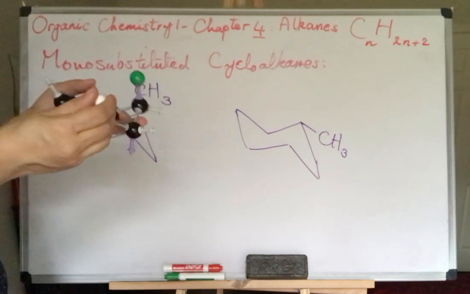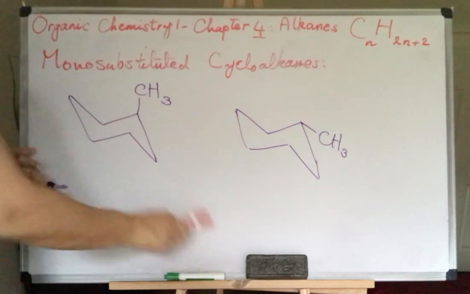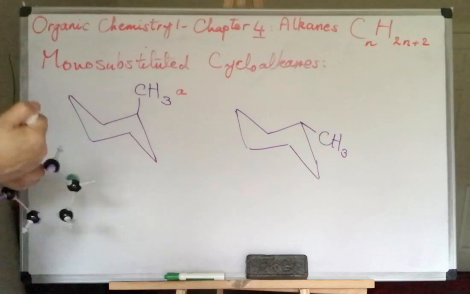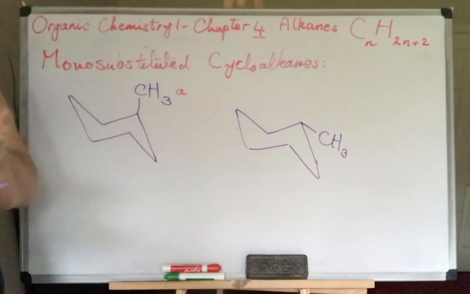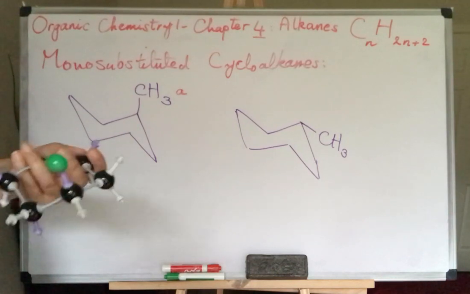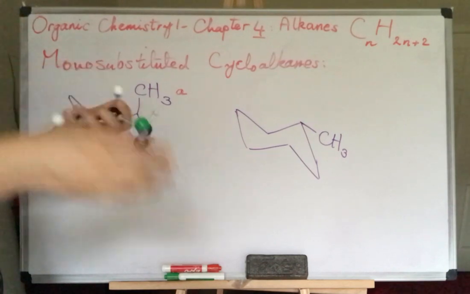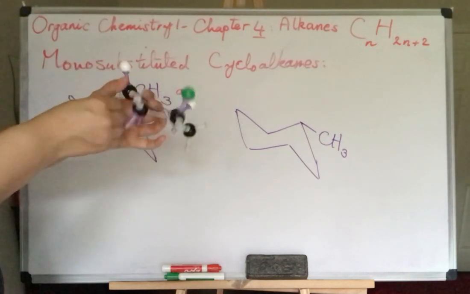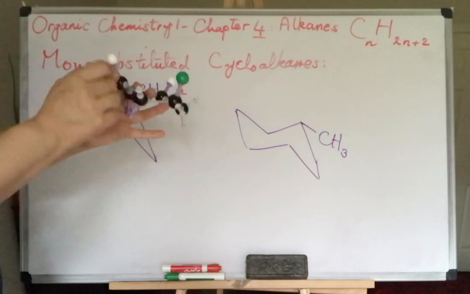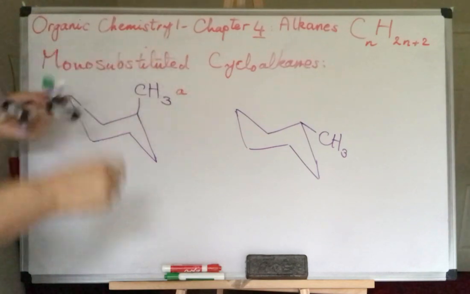Now look. It's in the axial position, right? Axial. Let's look at the other axial positions. Do you see the other axial positions? This hydrogen is axial, the rest of them are also axial, all on up carbons.